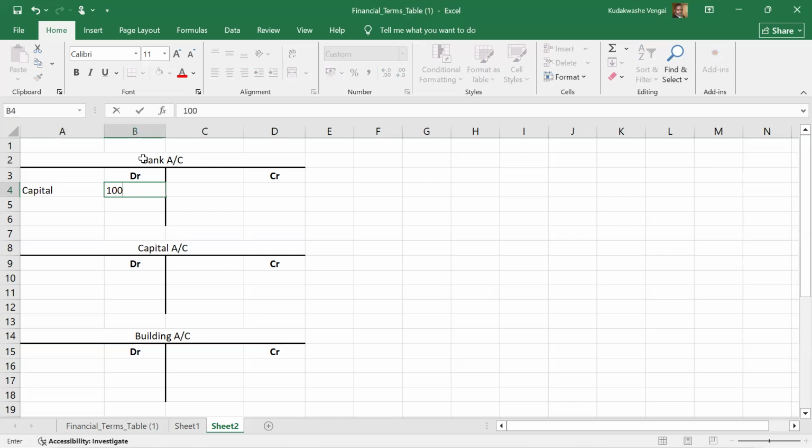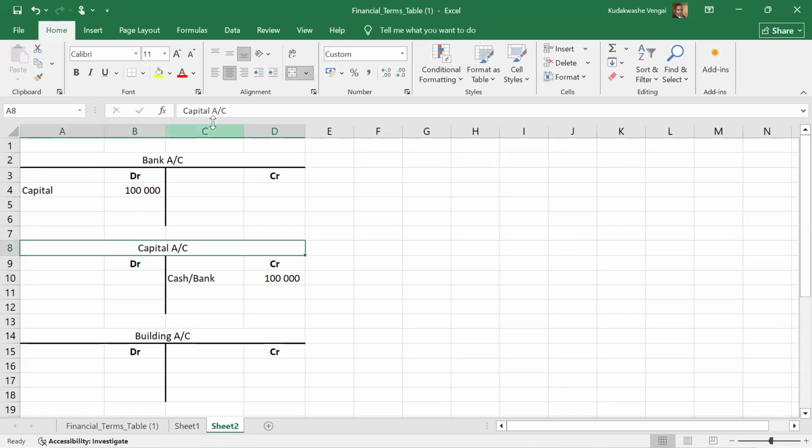And you're going to record it as 100,000 like this. But because of double entry in accounting, you can't record it one side. You have to record it elsewhere. So I'm going to go to the bank account and say, I got cash, money that I put in the bank, 100,000.